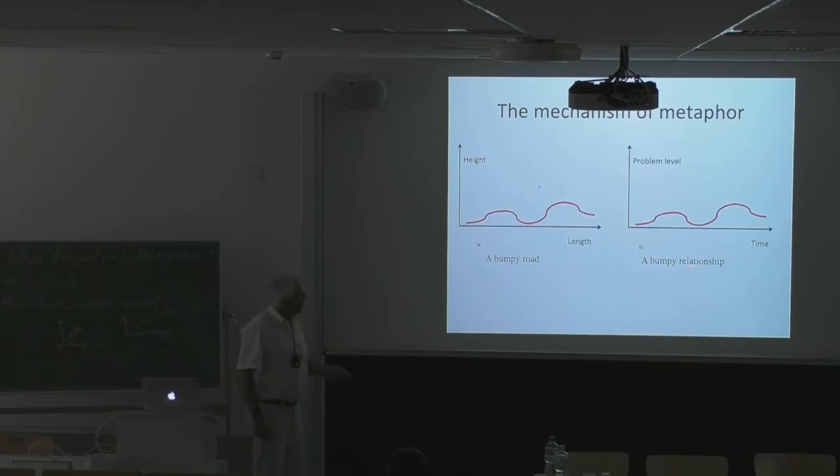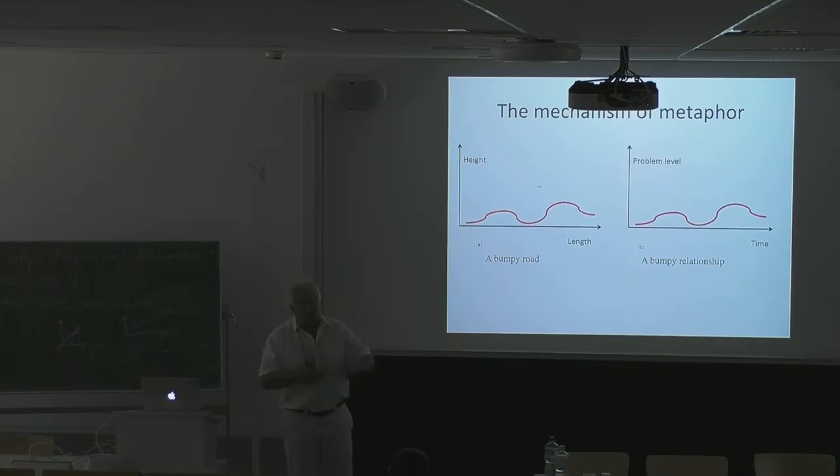Now, we go over to this kind. What we do here, unconsciously I would claim, is to make two standard metaphorical transfers. One is to map length onto time, or the other way around, map time onto the horizontal dimension. That's a standard metaphor. We talk about looking forward, it's been a long time and so on.